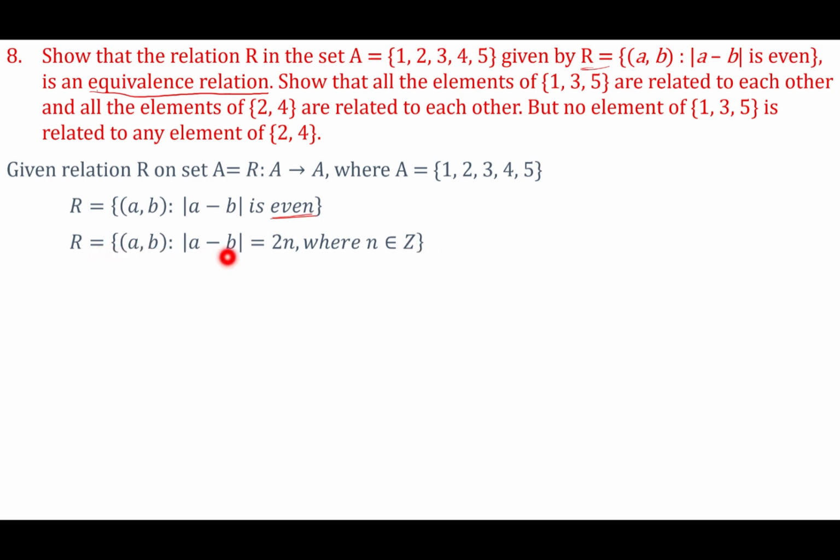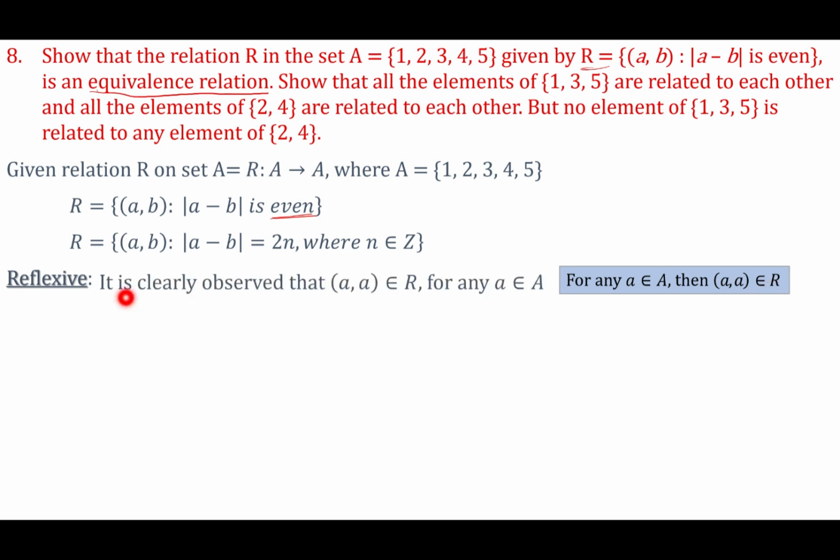Now, we have to prove this relation R is reflexive. And we know the definition of reflexive: for any a belonging to A, any element of set A, then (a, a) must belong to R. It is clearly observed that (a, a) belongs to R for any element a of A. How?